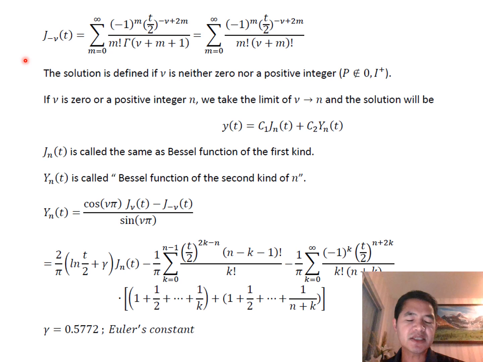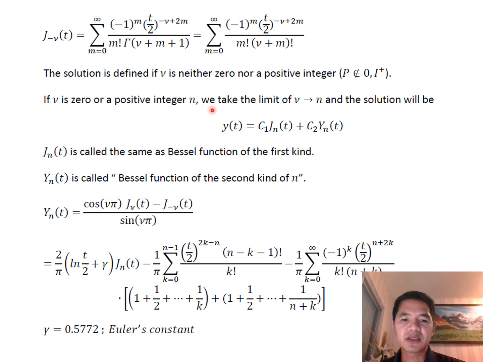But this Bessel function of the first kind is defined when nu is neither 0 nor a positive integer. Then you can use J nu and J minus nu. But when nu is zero or a positive integer, then we're going to use n instead of nu.